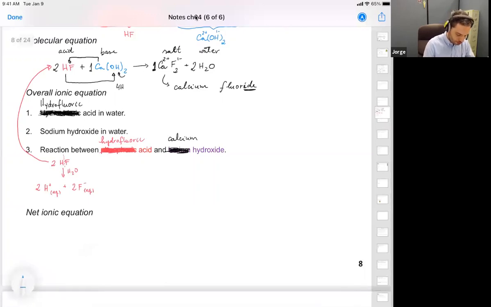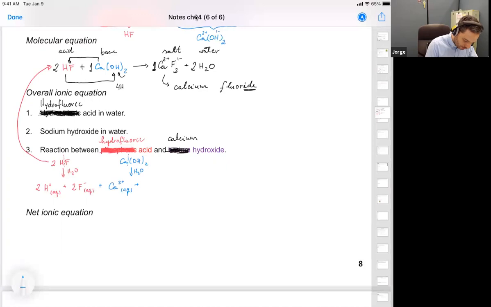And we are going to do the same thing for the base, calcium hydroxide. Okay, so let's dissolve calcium hydroxide in water. So that will break the interaction between calcium 2 plus, attention here, calcium 2 plus, because it belongs to group 2, AQ.